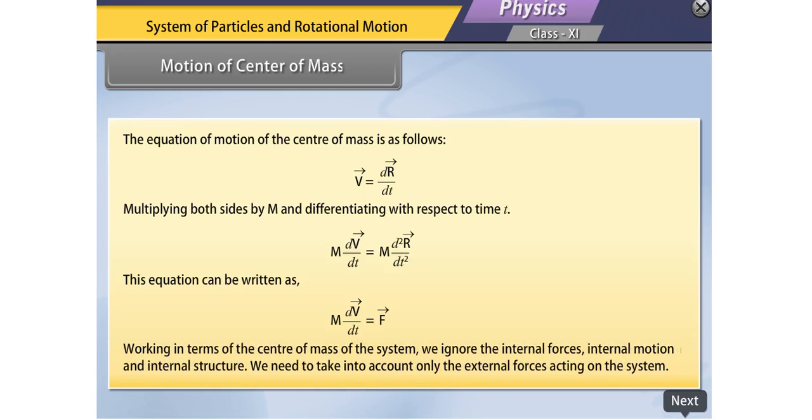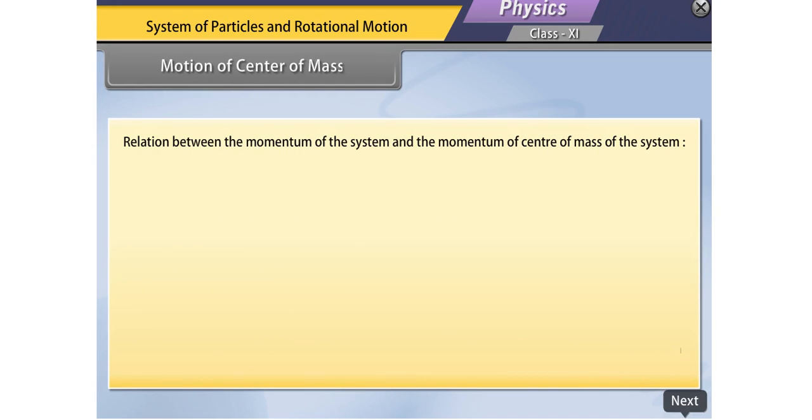Working in terms of the center of mass of the system, we ignore the internal forces, internal motion and internal structure. We need to take into account only the external forces acting on the system. Relation between the momentum of the system and the momentum of center of mass of the system. mv vector is equal to m1 v1 vector plus m2 v2 vector plus so on till mn vn vector.